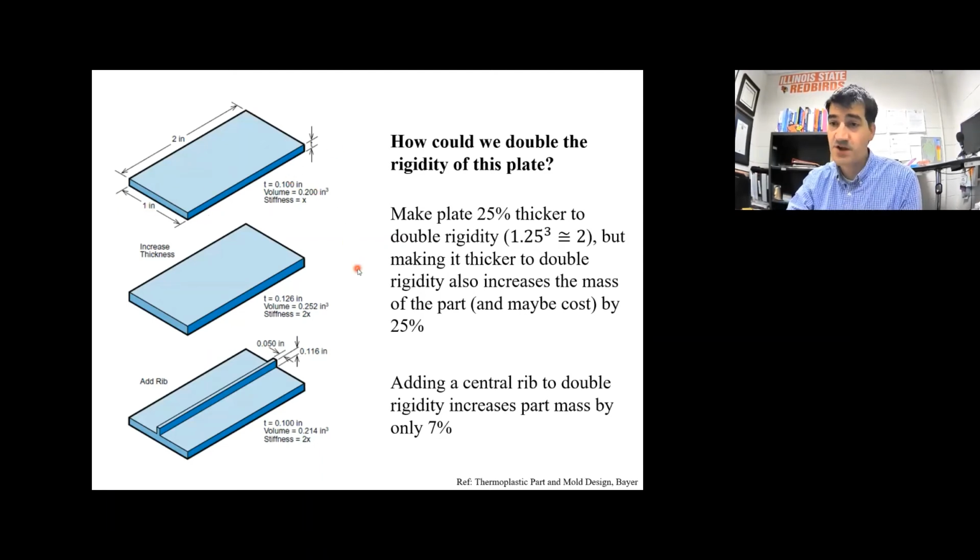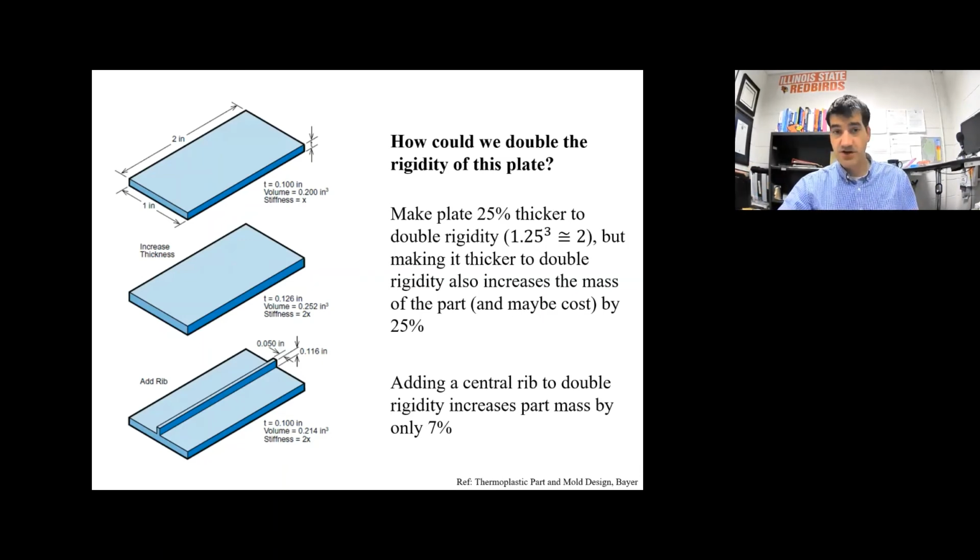All right, so we know the formula for moment of inertia, and we know that the height term in the moment of inertia is a cubic function. So if you play around with the numbers a little bit, it turns out that if you take 1.25 cubed, you get about 2. So if you make something like this plate about 25% thicker, then you'll actually get a specimen that is about twice as rigid, not due to the material that you're making it out of, just due to the shape of the part that you're using.